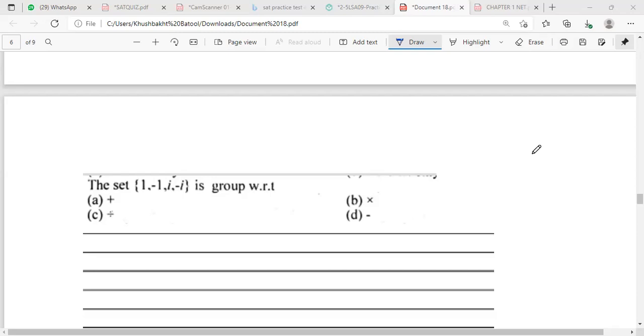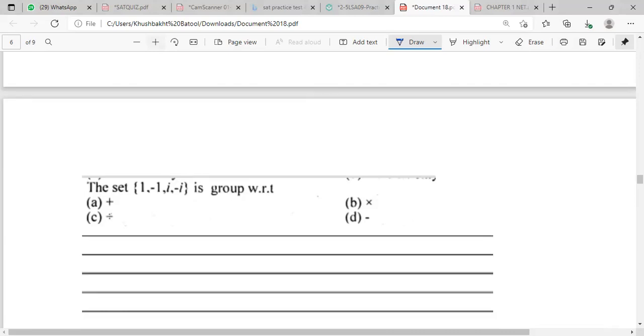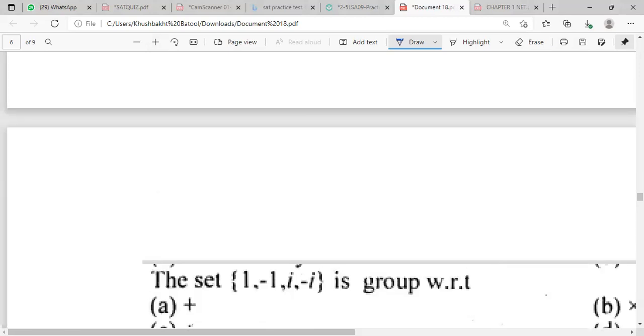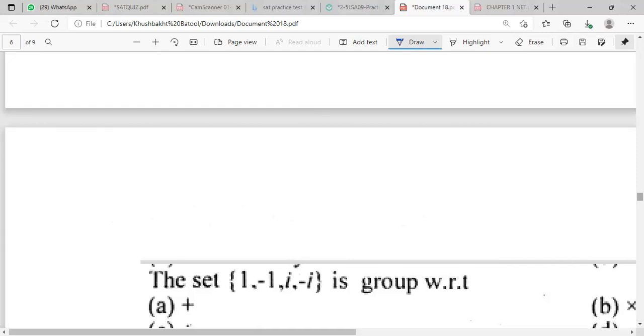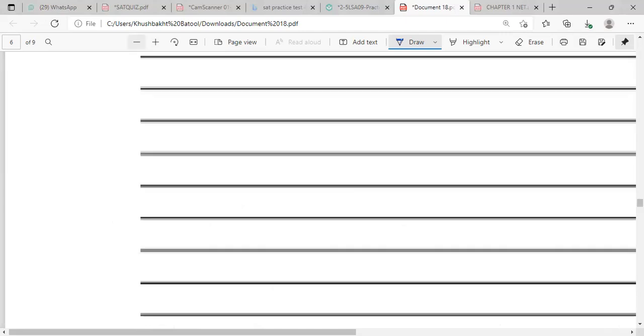Now again, the very first thing would be a background to complex numbers. We have been discussing that.